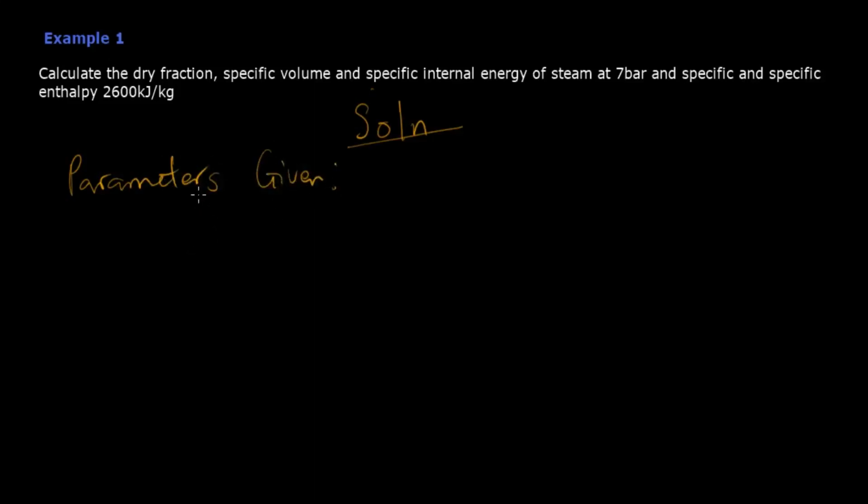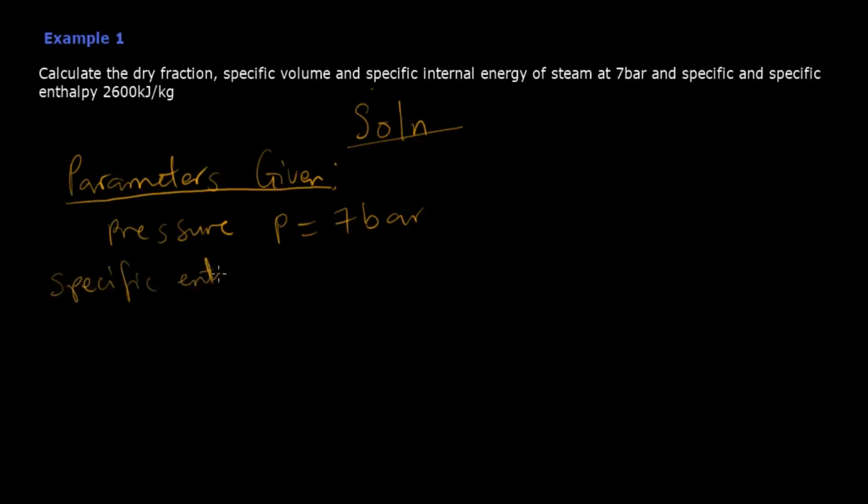What are the parameters given here? The pressure P is 7 bar, and the specific enthalpy, small h, is given as 2600 kilojoule per kilogram.